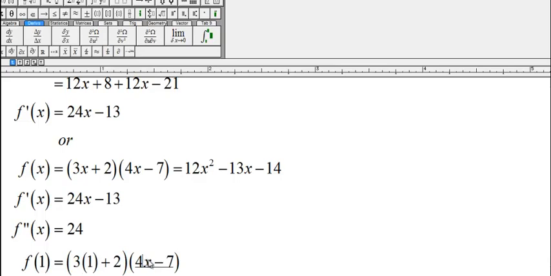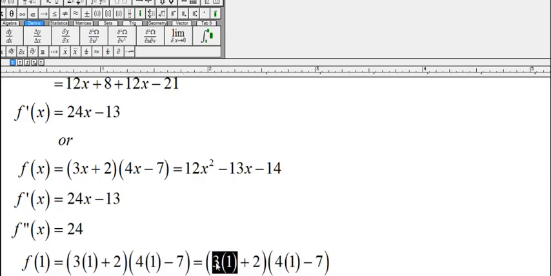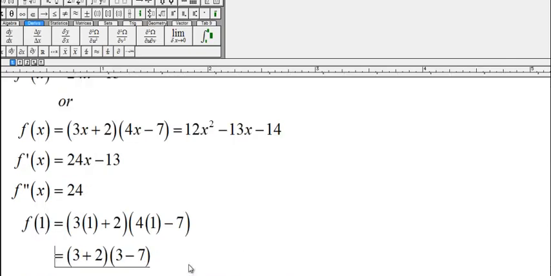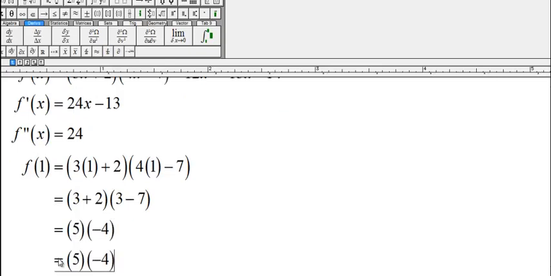So 3 times 1 is 3, 4 times 1 is 4. Three plus 2 is 5. 3 minus 7 is negative 4. And 5 times negative 4 is negative 20.